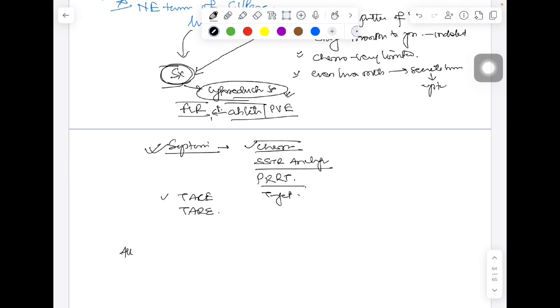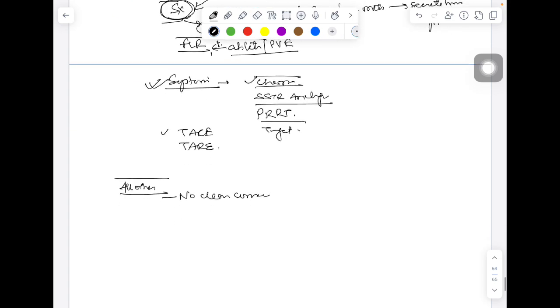All others have no clear guideline, no clear consensus. Like how to treat breast with liver mets: systemic therapy is the choice, hormone, HER2, whatever, depending on the tumor primary. But we can do surgery if there is oligomets, 1 or 2 lesions, and other responses are good. Uveal melanoma, no surgery.